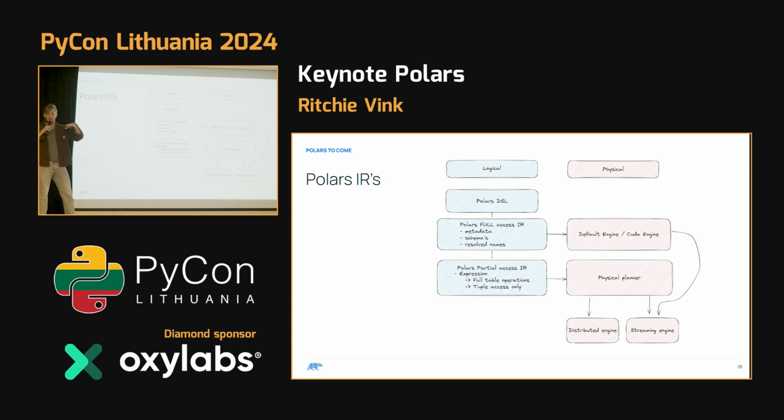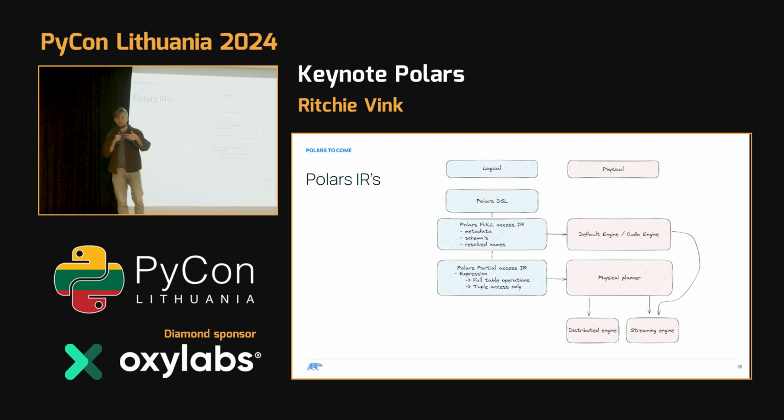So it will be a limited IR. It will be a set of limited operations which allow us to run actually any Polars data query on all engines eventually. And after that, we will go into a physical planner and we can determine if we need the distributed engine or the streaming engine.